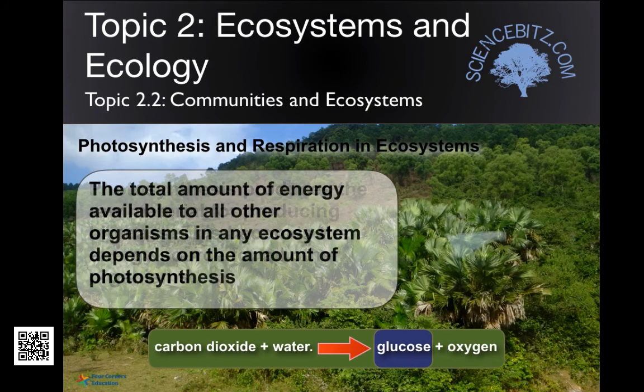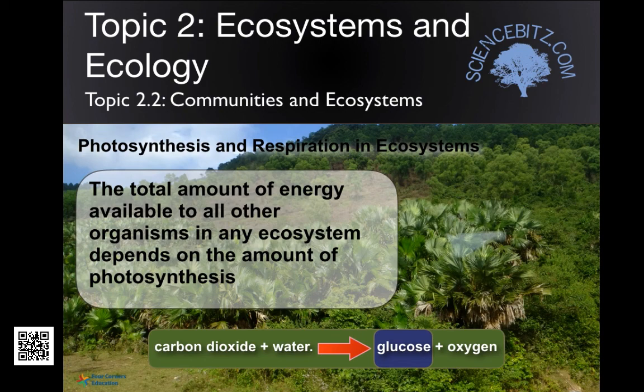If we think about the total energy in any ecosystem that's available for all the organisms, it totally depends on the amount of photosynthesis that ecosystem can perform. Therefore, if you remember back to topic 2.1 when we looked at the Arctic ecosystem, there are very, very low levels of light energy, so they don't have a high productivity, the ability to lay down biomass.